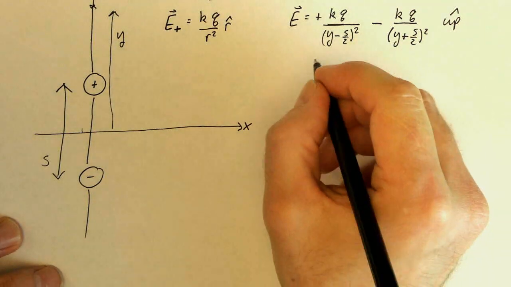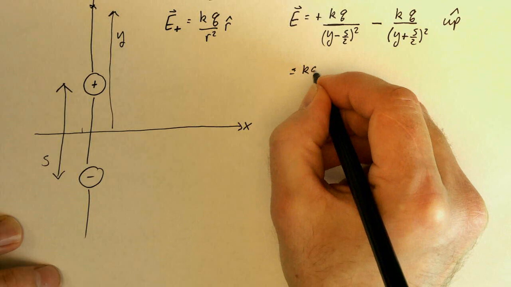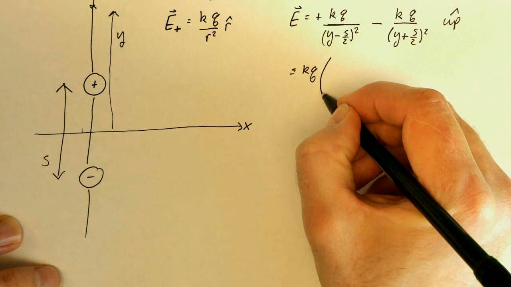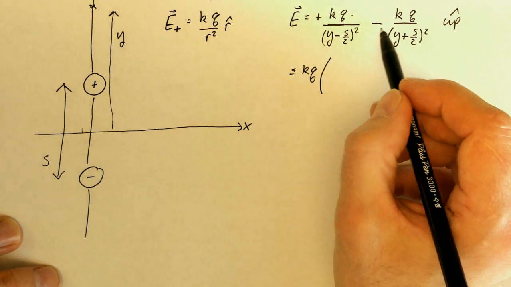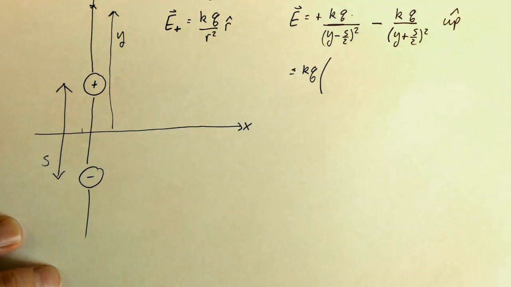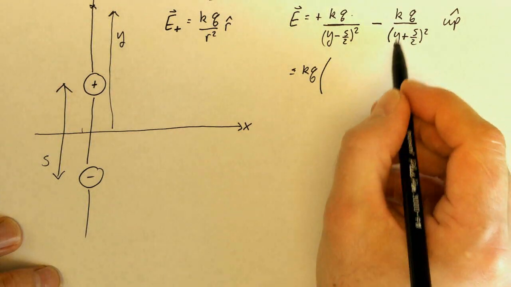In doing so, let's try to simplify this a bit. We've got a kq that's the same on both sides, and we'll be left with 1 over y minus s over 2 squared, subtract 1 over y plus s over 2 squared. Let's get a common denominator, multiplying this side by this denominator.